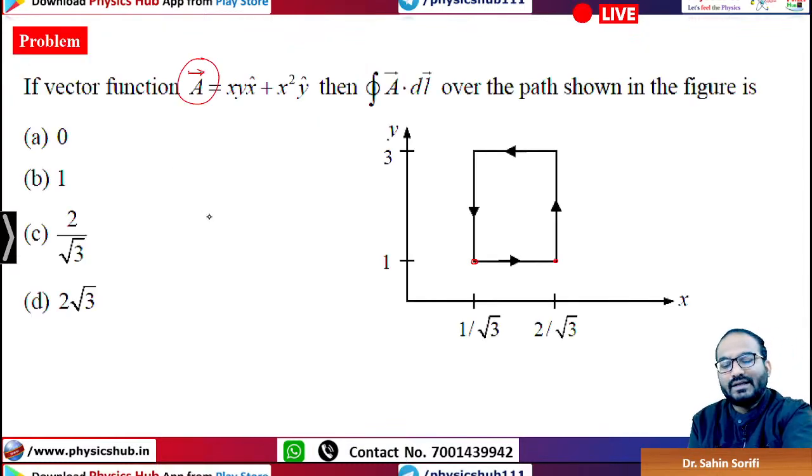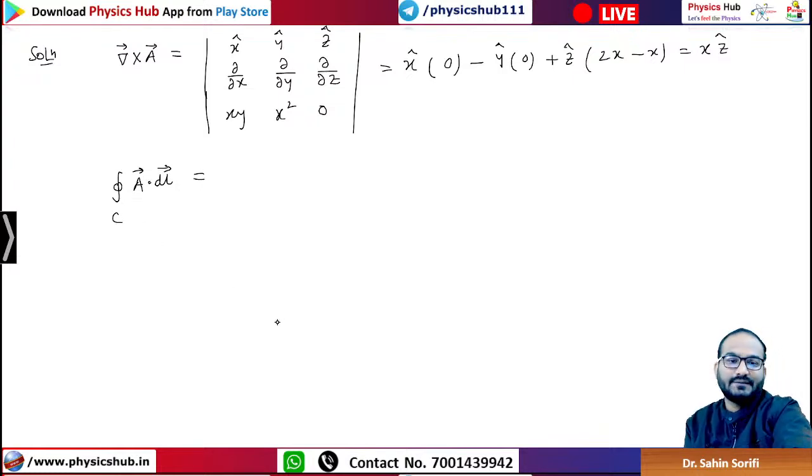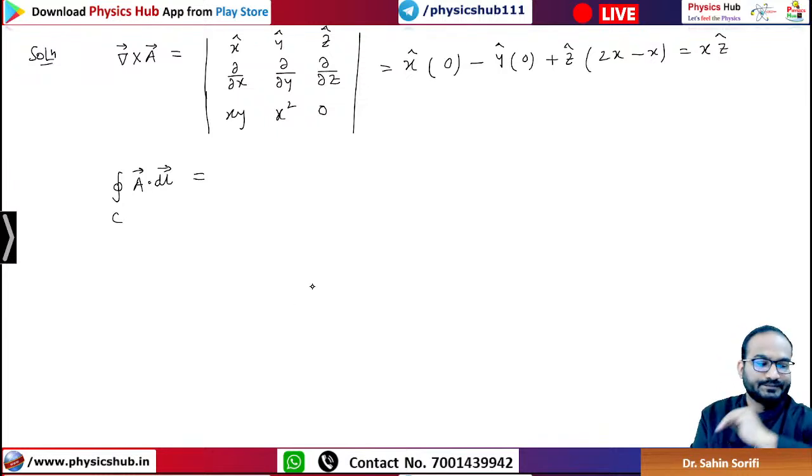We have to calculate A dot dl. We can use the Stokes theorem.